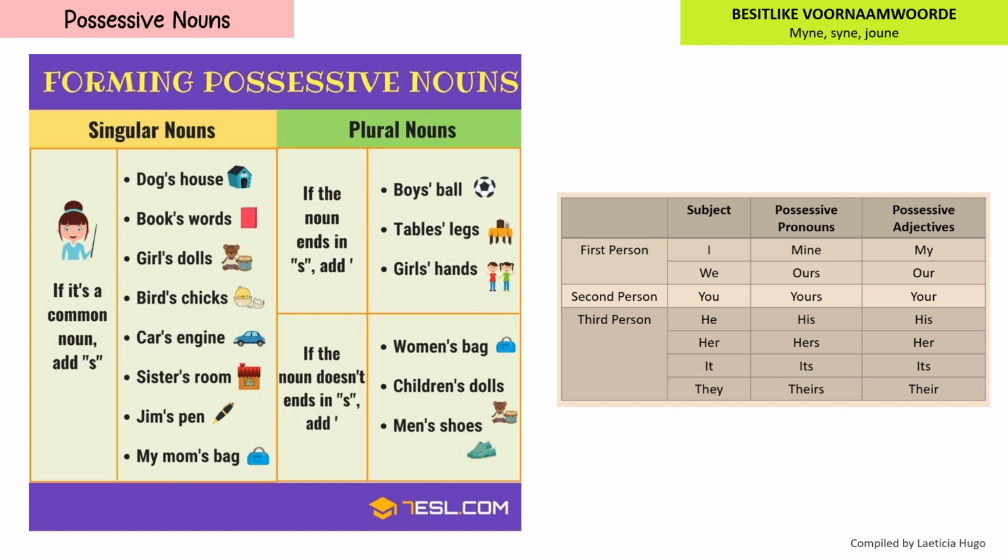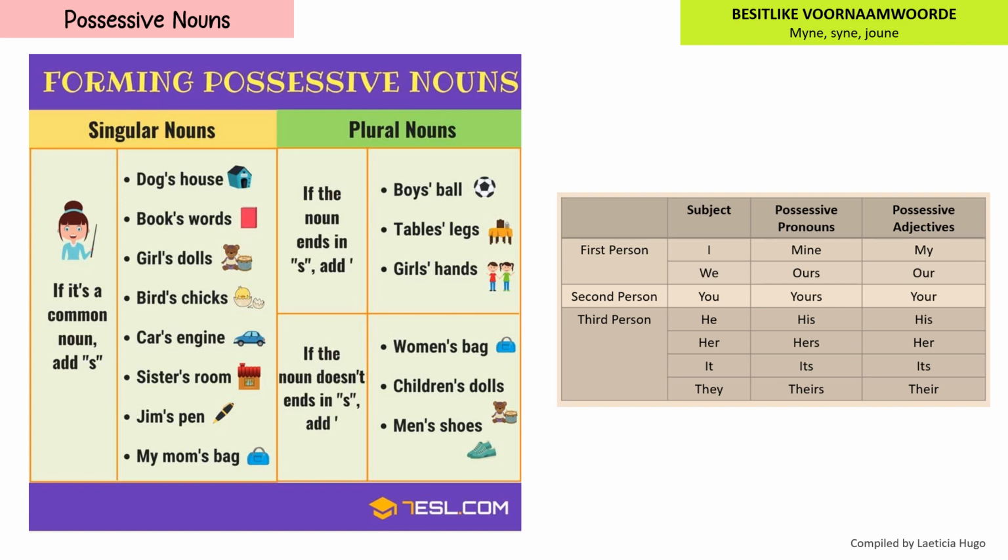So I want to buy a ball. That ball is mine. Or it is my ball, the possessive adjective. Then we, the possessive pronoun for we is ours, and the possessive adjective is our. Second person, so subject, you. The possessive pronoun for you is yours, and the possessive adjective is your.